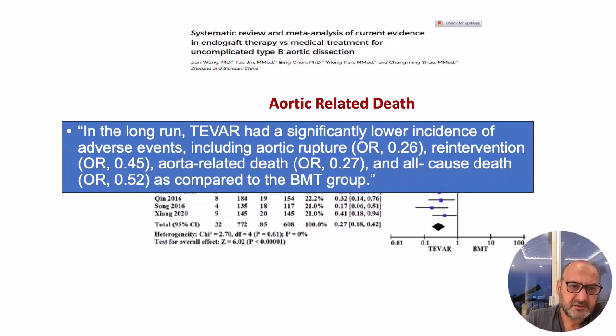And what they found, the gist of it, is that long-term TEVAR has significantly lowered the incidence of adverse events, including aortic rupture with an odds ratio of 0.26, which is pretty good. Also reintervention rate, aortic-related death, and all-cause death compared to the best medical therapy group.